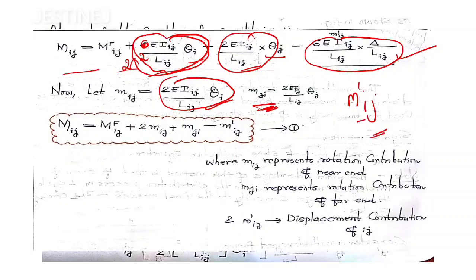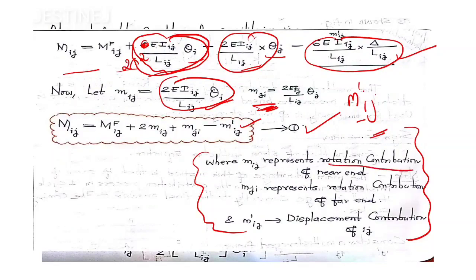So you can again write the equation as capital Mij equals capital M fixed of ij plus 2M dash ij plus M dash ji minus M double dash ij. Here M dash ij represents the rotation contribution of the near end, M dash ji represents the rotation contribution of the far end, and the last one is the displacement contribution, related to the delta component, which is already mentioned.